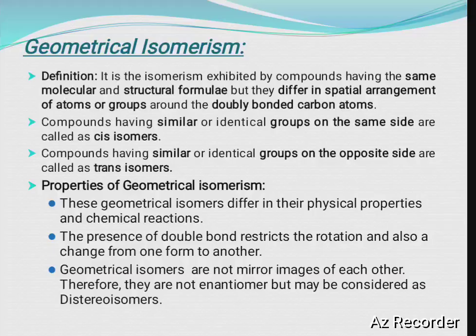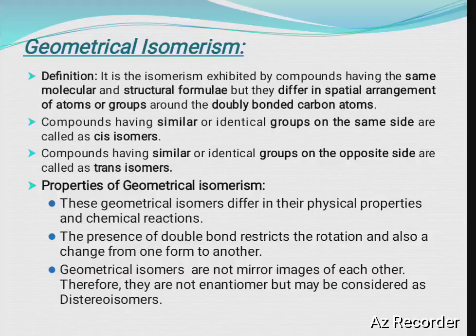Next, the properties of geometrical isomers. These geometrical isomers differ in their physical properties and chemical reactions. The presence of a double bond restricts the rotation and also the change from one form to the other.